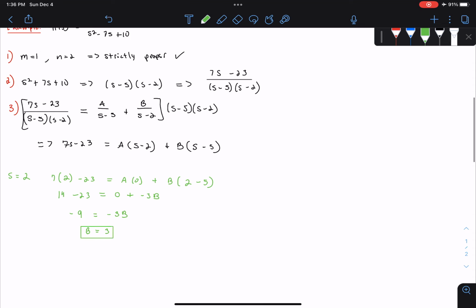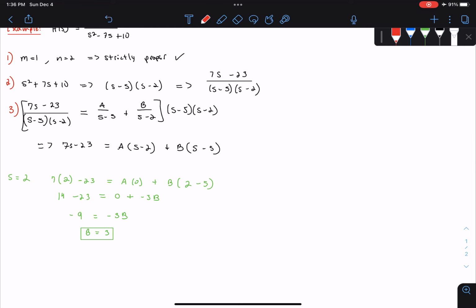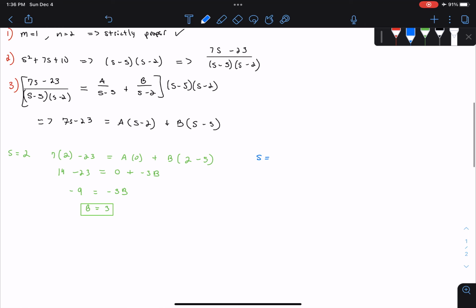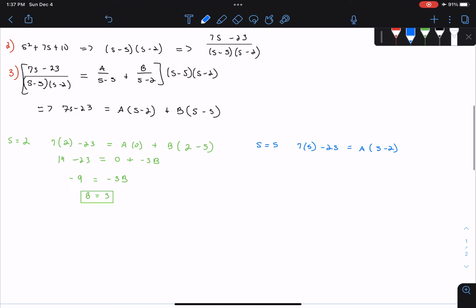So we just do the same thing to solve for the constant A. Since we have s minus 5, we can use 5 and cancel that out. S equal to 5. Then we're given 7 times 5 minus 23 is equal to A times 5 minus 2 plus B times 0.